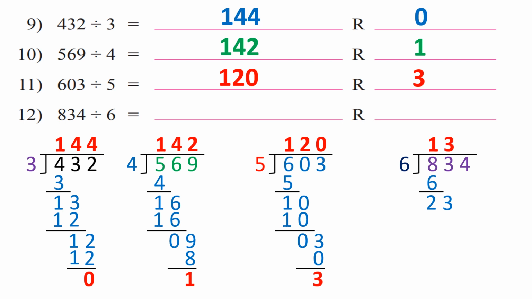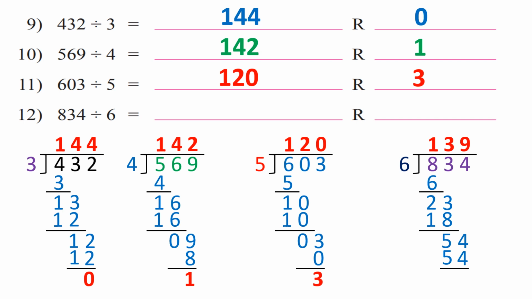23 divided by 6 is 3. 6 times 3 is 18. 23 minus 18 is 5. Then bring down the last number, 4. You have 54. 54 divided by 6 is 9. 6 times 9 is 54.